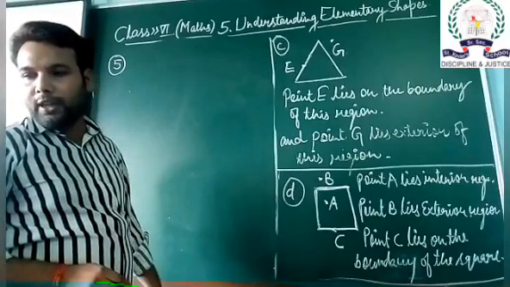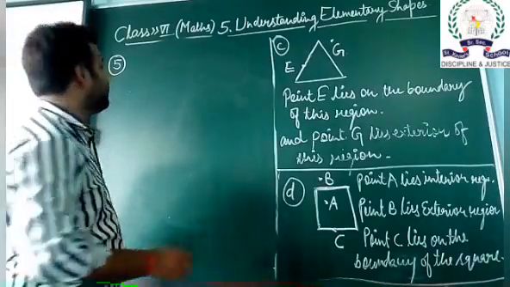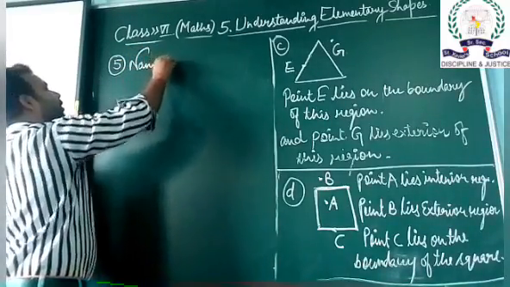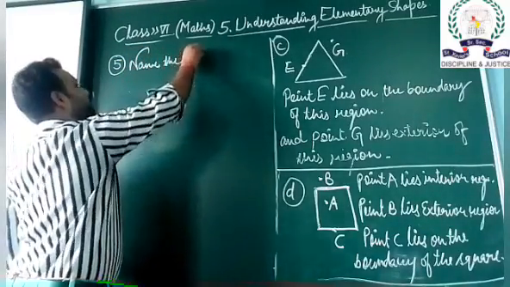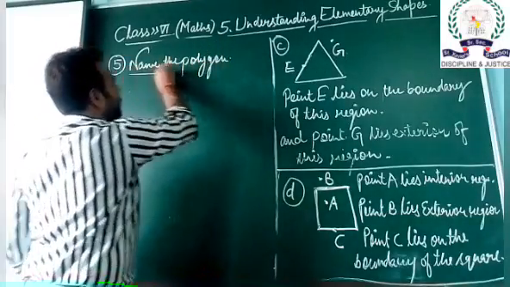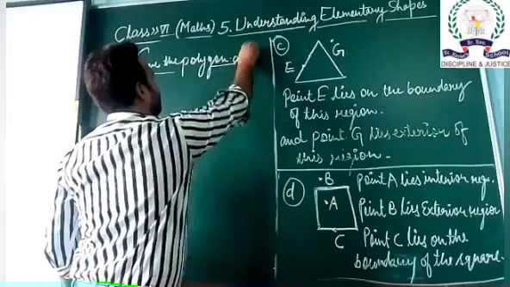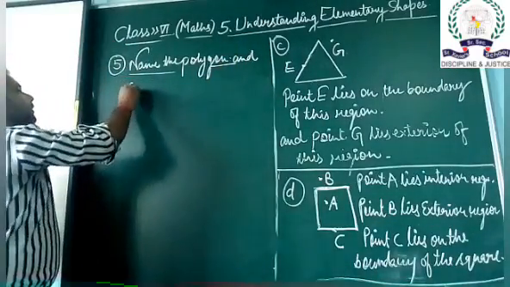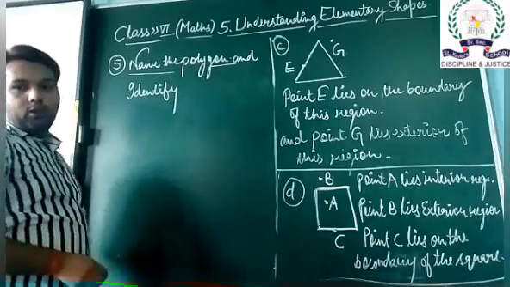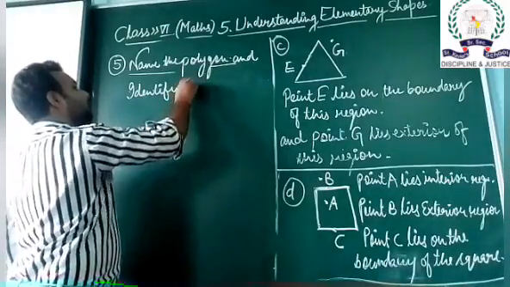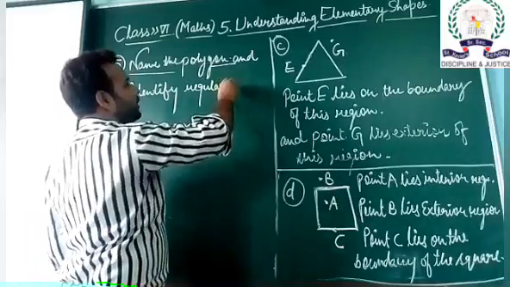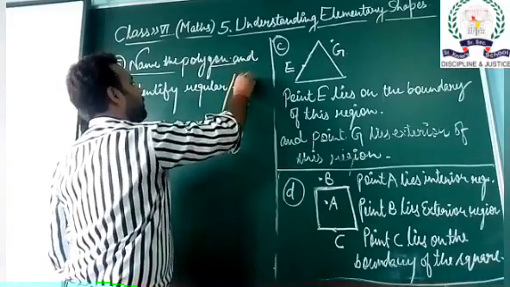Also say if they are regular or irregular. Name the polygon and identify which of the following are regular and which are irregular.